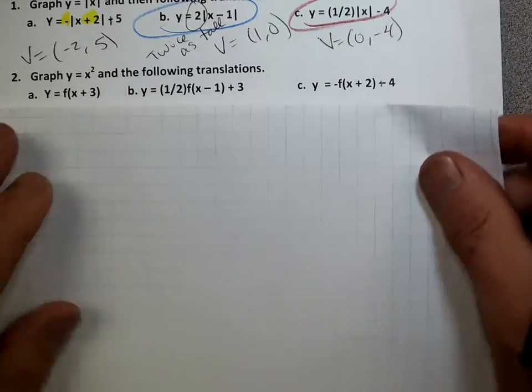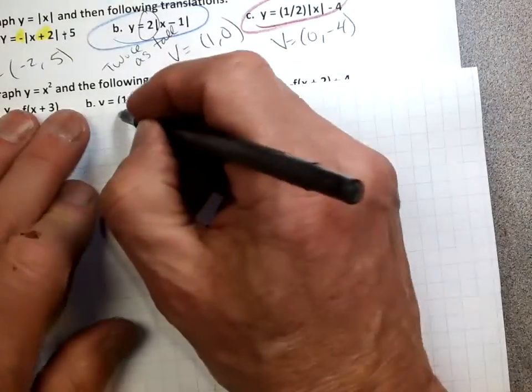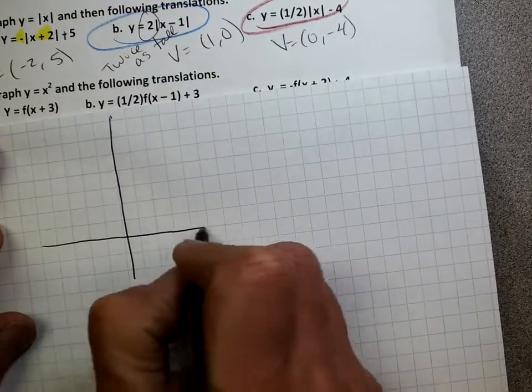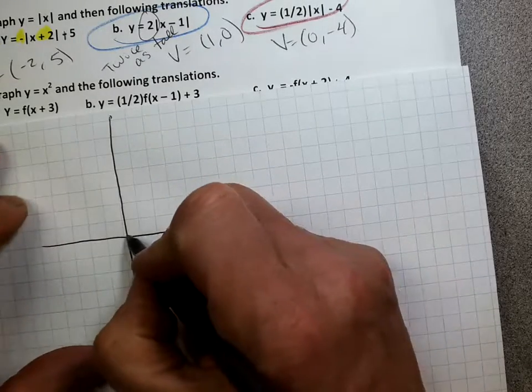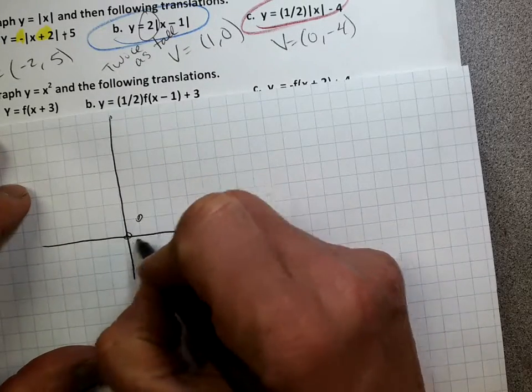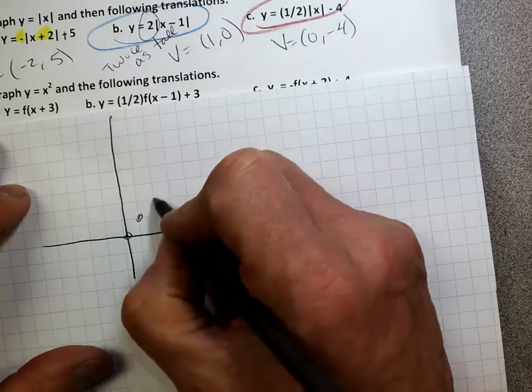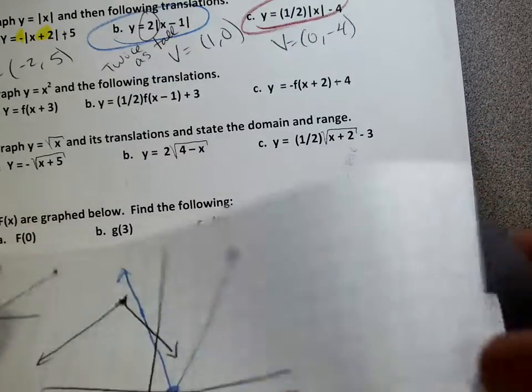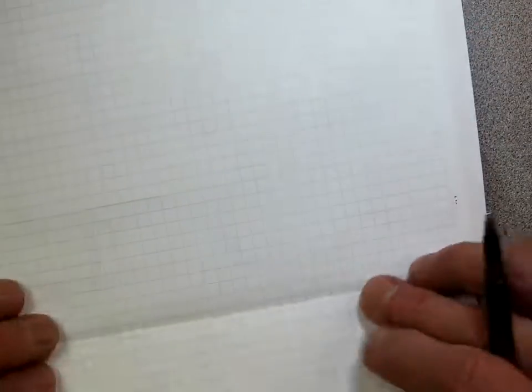Okay, y equals x squared. So first of all, the parent function is a parabola, right? So the parent function: 0, 0, 1, 1, 2, 4, 3, 9. Hold on, I'll give myself a little bit more room here.